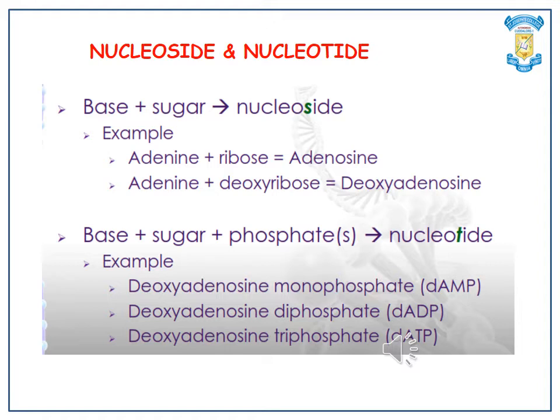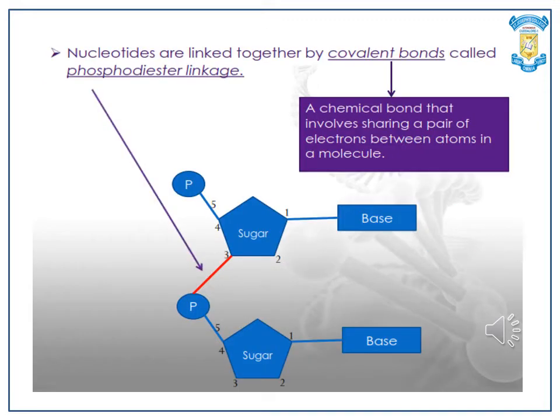Examples are deoxyadenosine monophosphate, deoxyadenosine diphosphate, deoxyadenosine triphosphate. The nucleotides are linked together by covalent bonds called phosphodiester linkage.